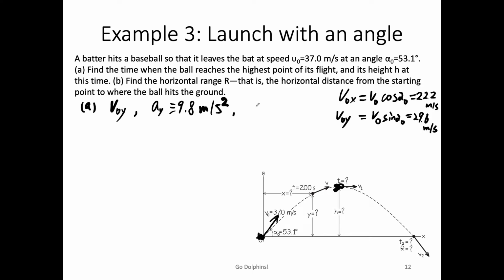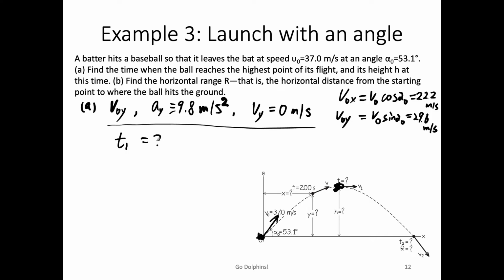Whenever we see highest point, that tells us the velocity in the y direction at the highest point is always 0 meters per second. So they give us 3 variables in the y direction and ask us for t.